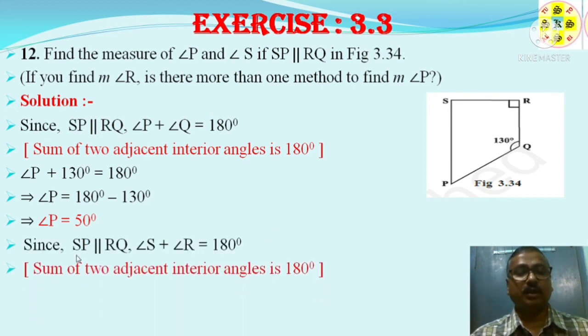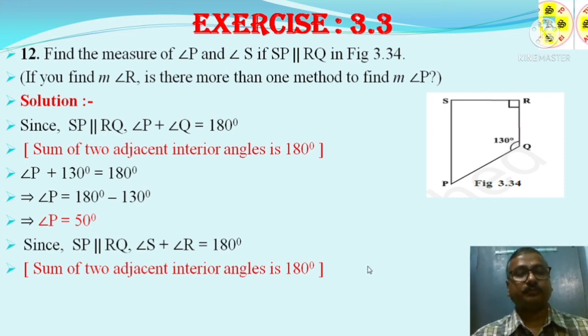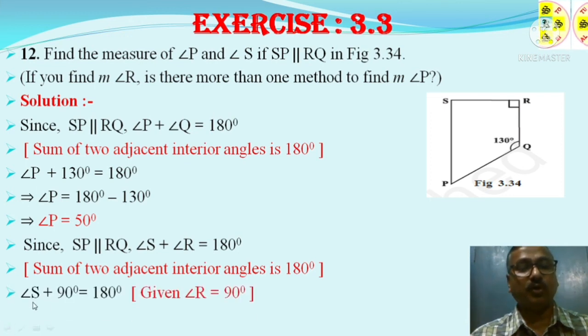SP is parallel to RQ, and angle S plus R equals 180 degrees, since the sum of two adjacent interior angles is 180 degrees. So angle S plus 90 equals 180 degrees, given R equals 90 degrees.